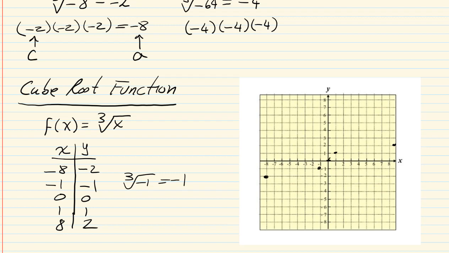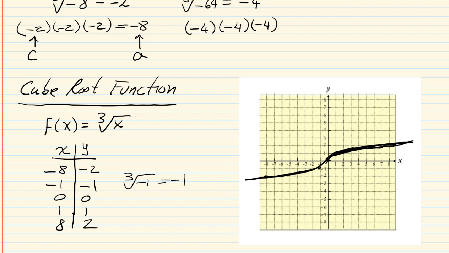Okay, so let me draw right through it this way, and that portion of it goes like that. So this is how the graph's gonna look. I really butchered it, didn't I? Okay, and there you go.